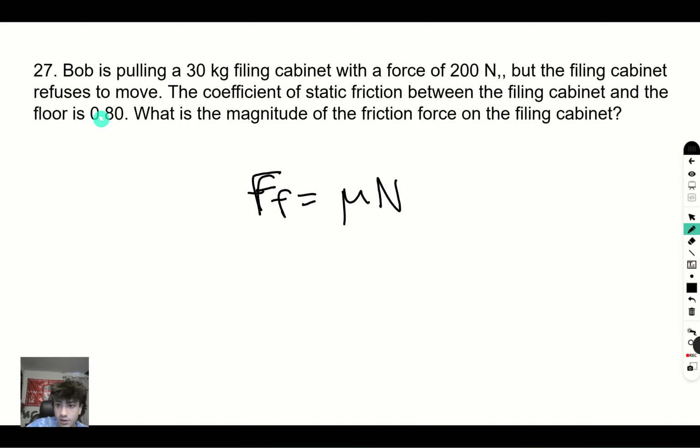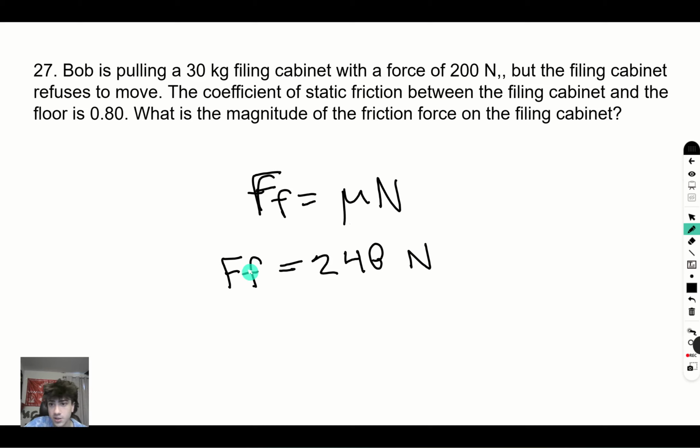And so in order to find the frictional force, you just multiply that by 0.8 to get 240 newtons. So you would say, oh, the frictional force is 240.